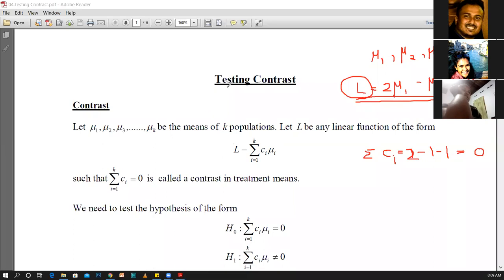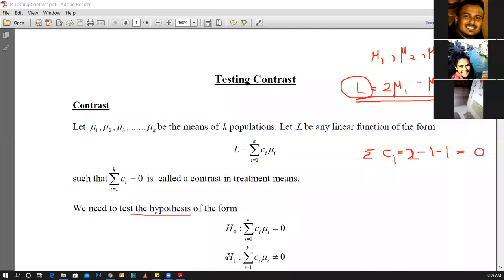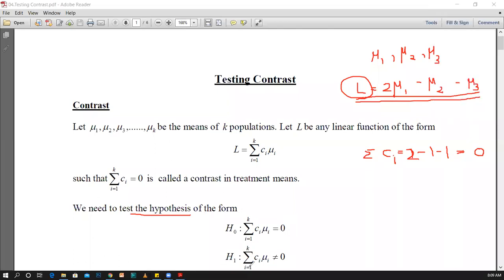And if we have built a contrast, then we can test the hypothesis. The hypothesis that we use for testing a contrast is the null hypothesis, summation i goes from 1 to k, ci mu i equals 0 given constant, versus the alternative hypothesis, summation ci mu i where i goes from 1 to k does not equal 0 given constant.